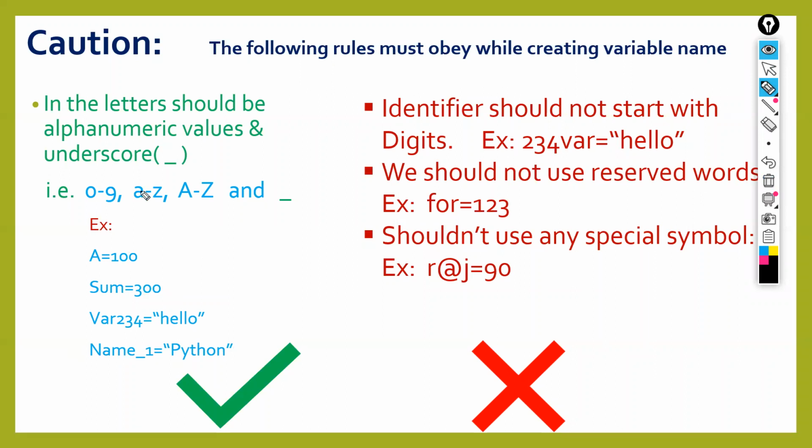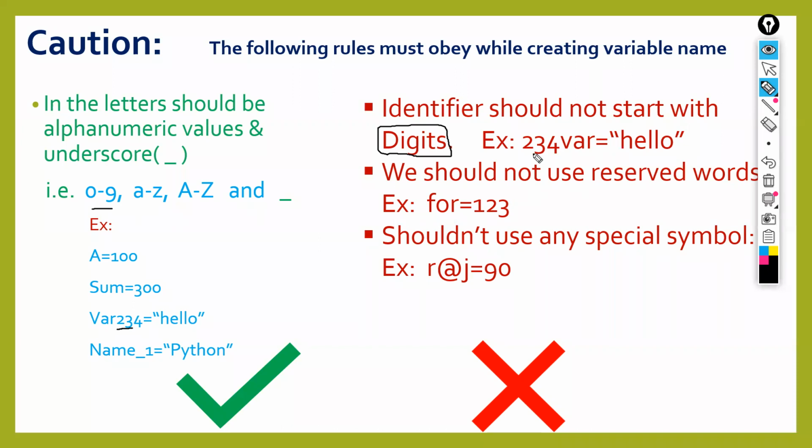But even though you are using 0 to 9, there are some conditions. What are the conditions, sir? The identifier or variable name should not start with a numerical value, that is, a digit. We can use 0 to 9 in the variable name itself, but it should not start with 0 to 9.